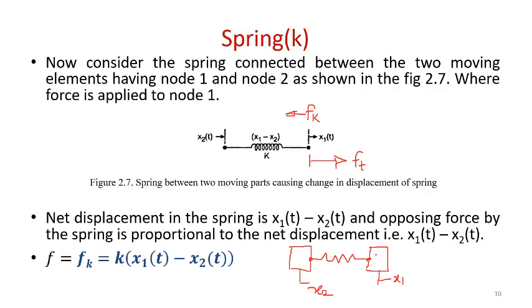Here this mass may have less inertia and this mass may have more inertia. So the net displacement is going to make the spring come back to its original position, or restore it back.